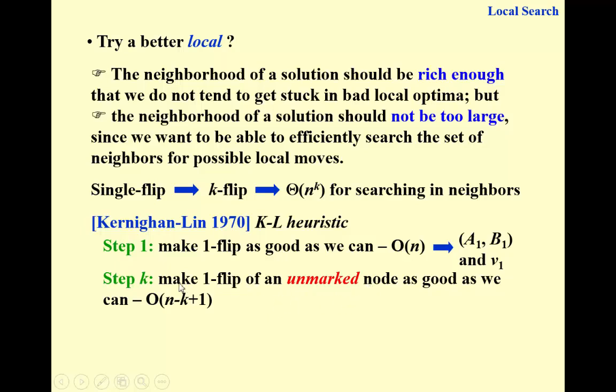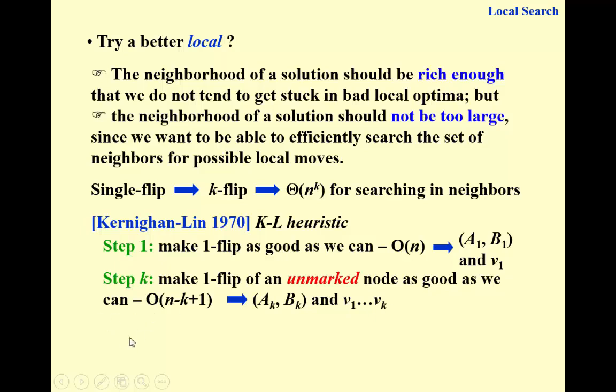Alright, anyway, let's make one flip of an unmarked node, as good as we can. We need to check n minus k plus 1 nodes. And we denote the resulting partition as a sub k, b sub k, and we have k nodes marked.